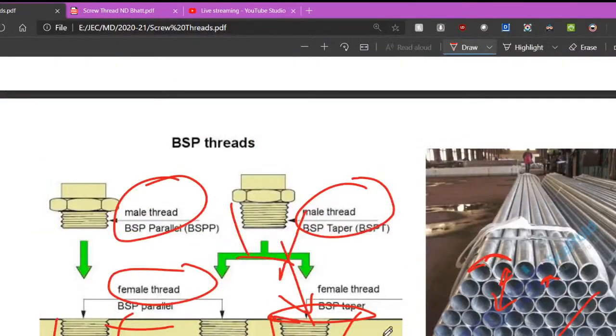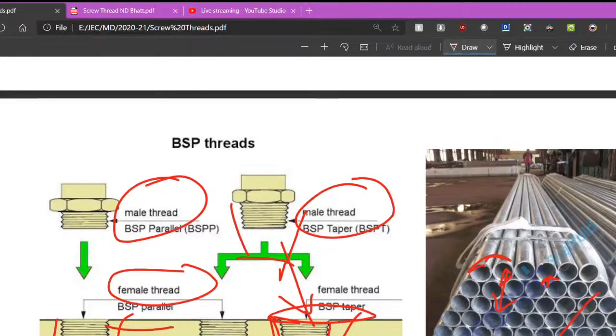It means there should not be any leakage, and that's why for that purpose tapered shapes are used, so that when they combine and you apply external forces, they lock perfectly, there is no leakage through the threads. That's why they use tapered. Parallel threads are used in automobile and aircraft, and taper is generally in gas, water, steam and fluid industry.